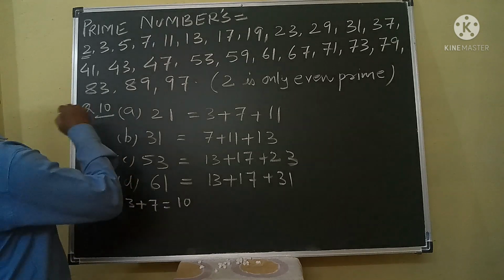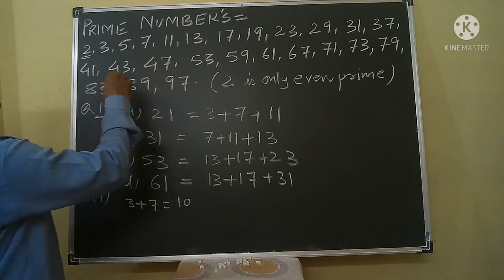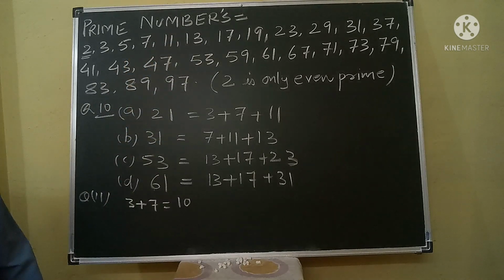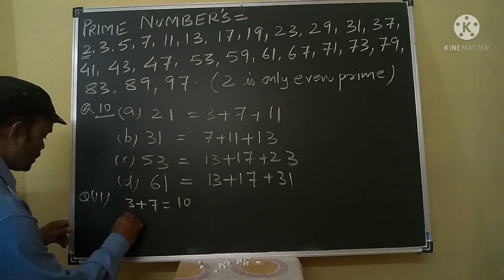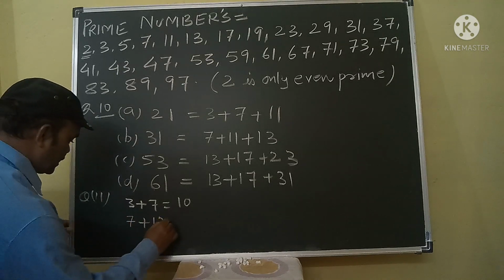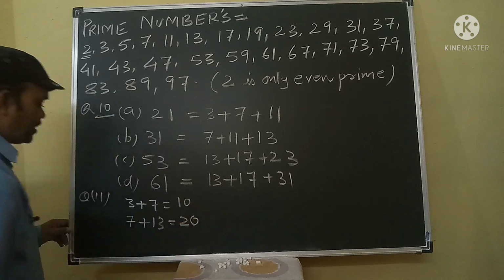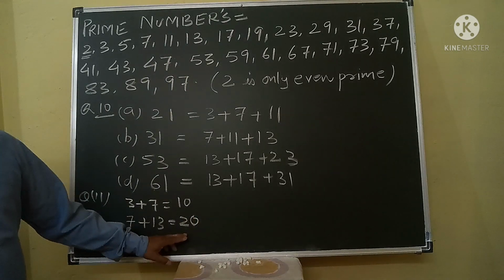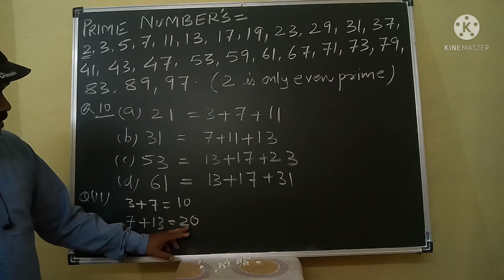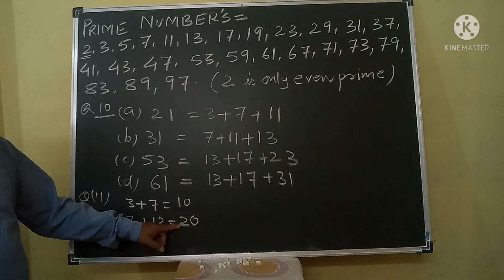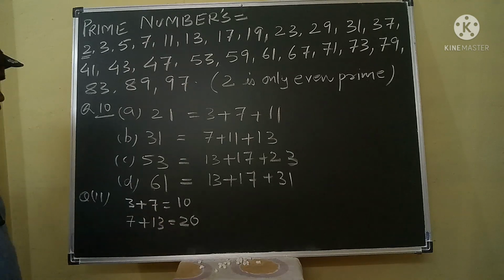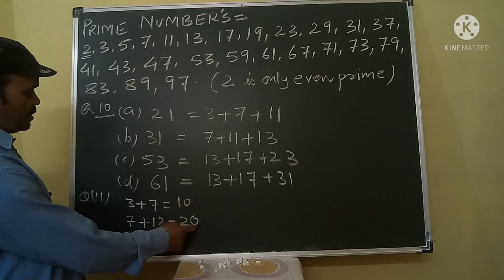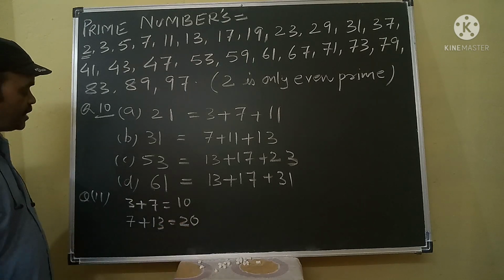Again, 7 and 13. 7 plus 13 will give you 20. 7 plus 13 is equal to 20, and 20 is divisible by 5.